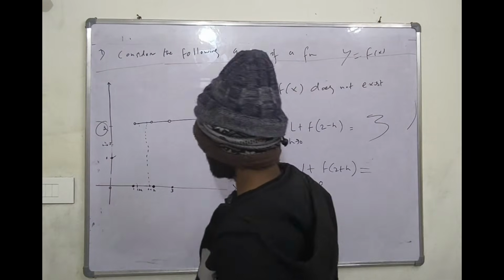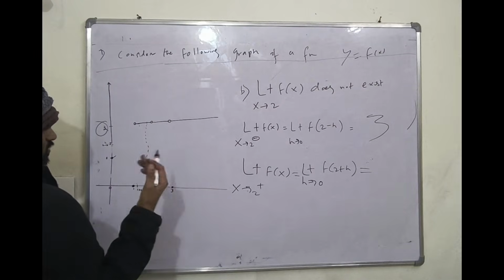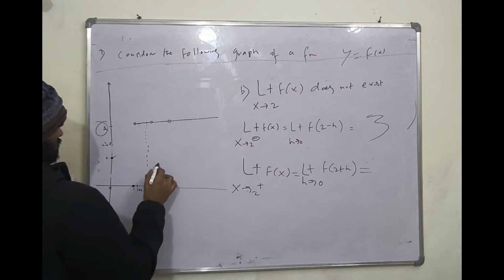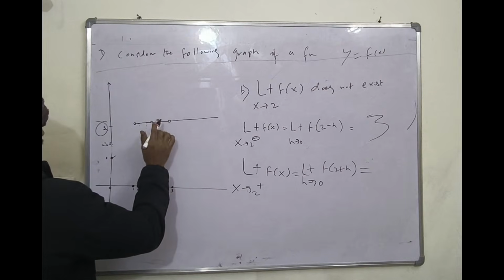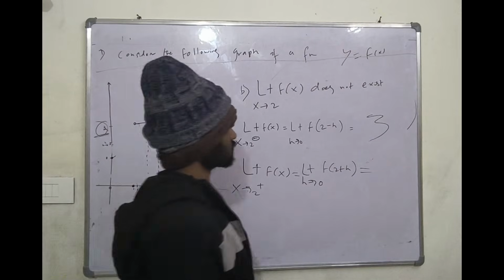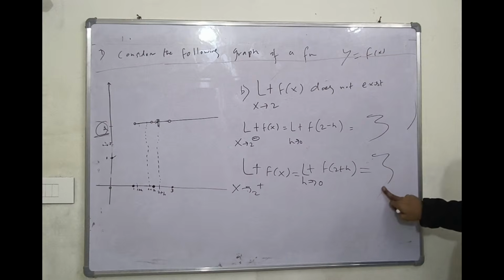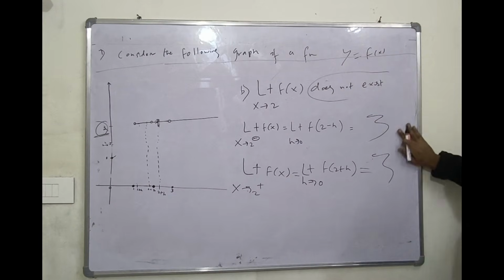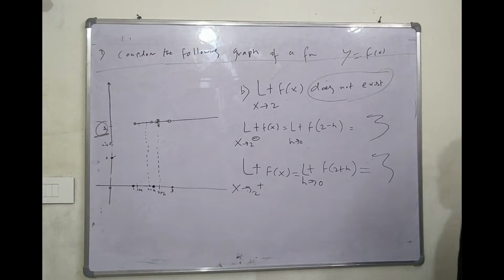Again similarly, when h tends to 0, f of 2 plus h is positive, so the corresponding y is again plus 3. So left hand limit is equal to right hand limit, which means the limit exists. What they gave is that the limit does not exist, so this is the wrong option.